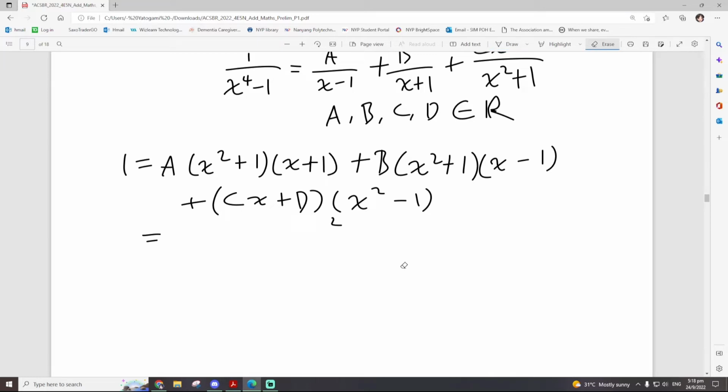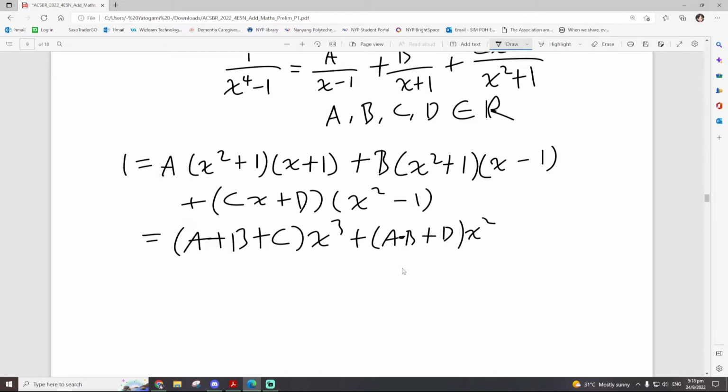What's the coefficient of x cubed? The coefficient of x cubed is just going to be a plus b plus c, right? A plus b plus c x cubed, plus a minus b plus d x squared. And then what is the coefficient of x? Okay, this one is slightly harder to find.